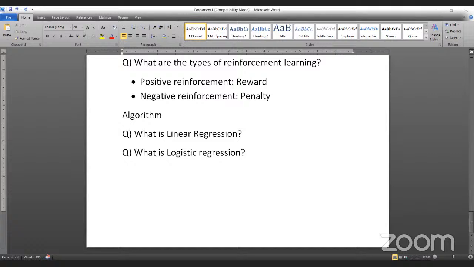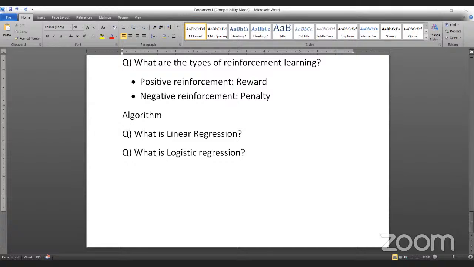Do not get confused: it has regression in the name, but it is still a classification algorithm in which the dependent variable has binary values. It only has two values, like yes or no, 1 or 0, true or false.